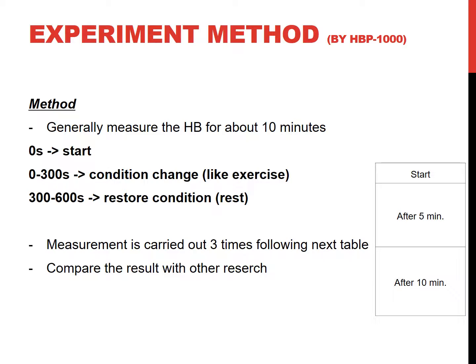The experimental process is the same as the previous experiment, but this device gives pressure to my artery and my artery needs a minimum of 5 minutes to recover, so I only could measure 3 times in 10 minutes.